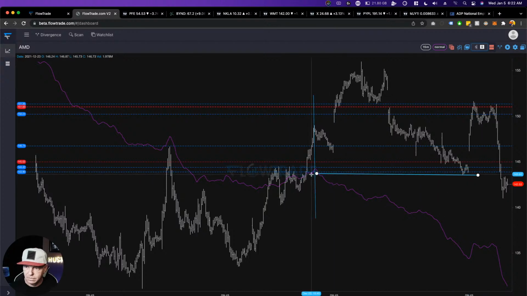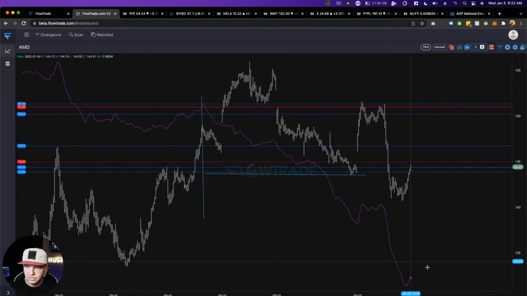That's where the divergence occurred. Net selling, prices rising. Well, we know it's going to come back down and meet that divergence. We could have put in a put order at 143 from this high and made this move to the downside. Now, what's happening is price is just trading with the algorithm, so there's no divergence for us to really speak of. Okay, so let's get into some plays, shall we?